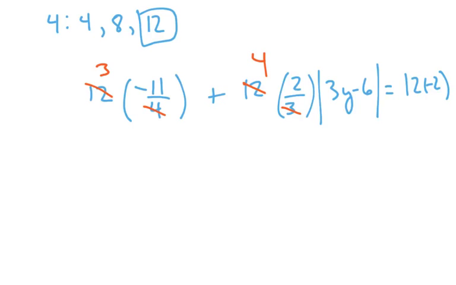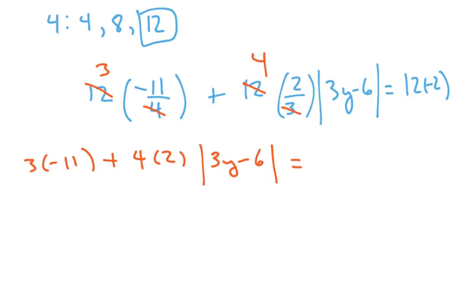Now I'm going to be left with 3 times negative 11 plus 4 times 2 times the absolute value of 3y minus 6 equals negative 24. We multiplied through by 12 and simplified so that we wouldn't have any fractions anymore.